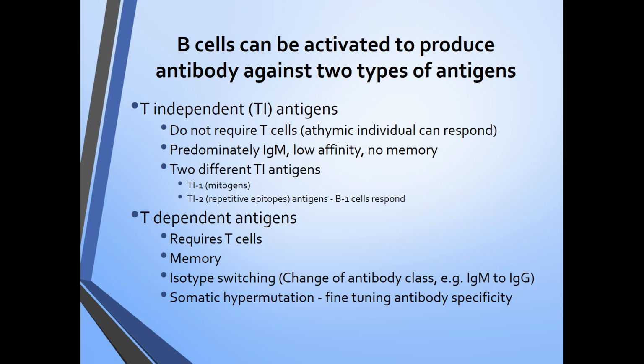They will trigger memory. You will also have the potential of isotype switching, so you could change the antibody class from IgM to IgG. You can have increases in affinity through a process called somatic hypermutation. So that's fine-tuning the antibody specificity, making it more specific for that particular antigen.